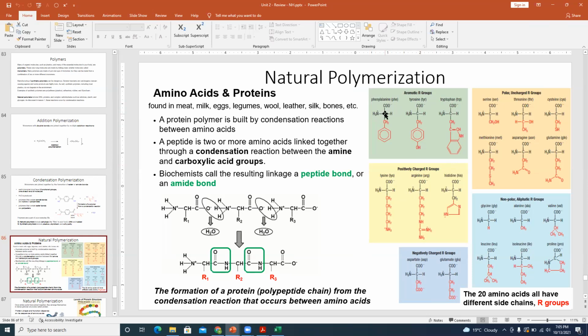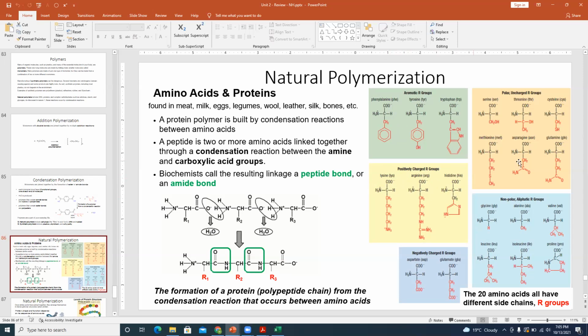So there is a carbon group attached to a hydrogen, and then there's one carboxylic acid group, a COO minus, and on one end there's an amine group as NH3 plus. So this is what's common between all amino acids. As you can see, all of these amino acids have that same base.